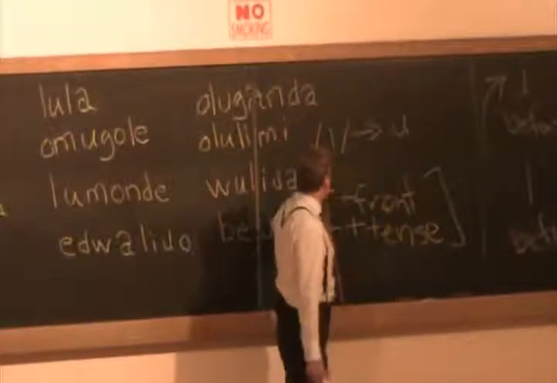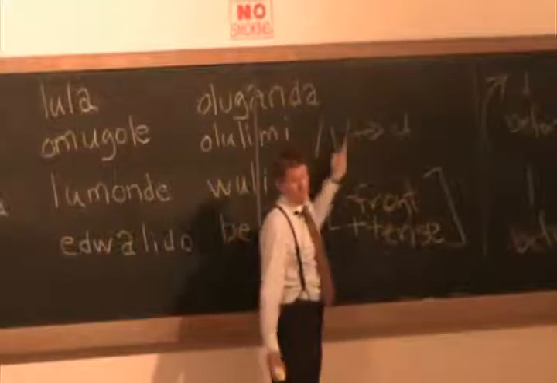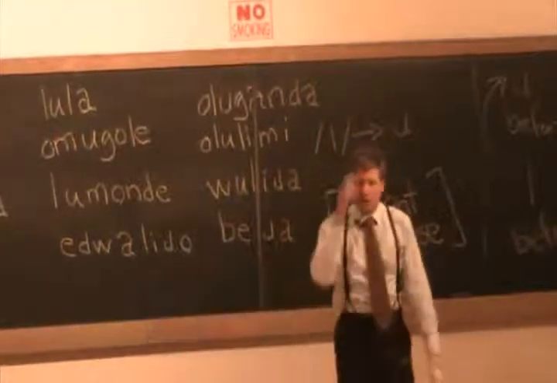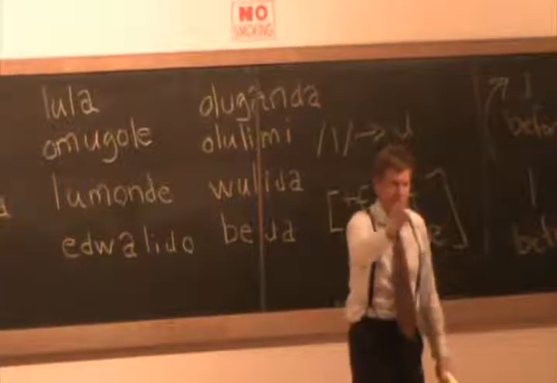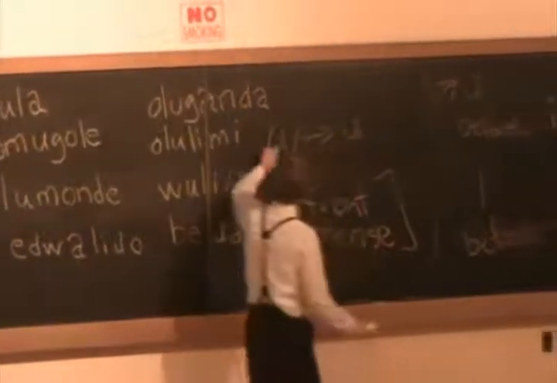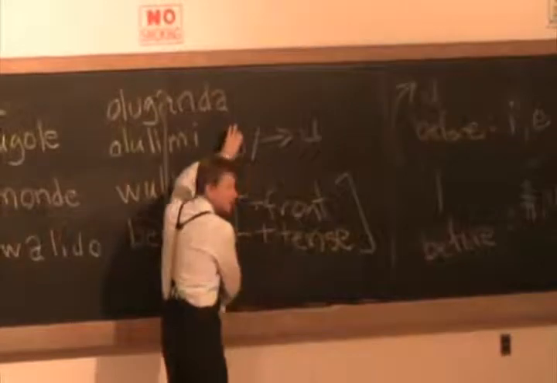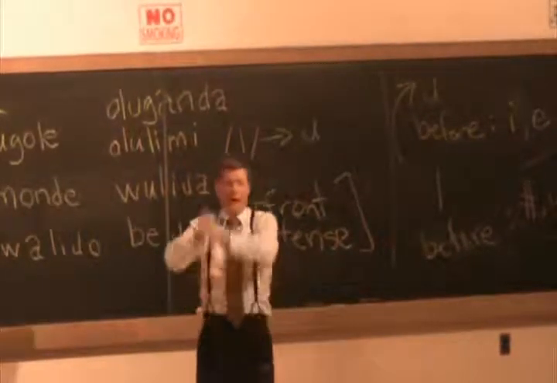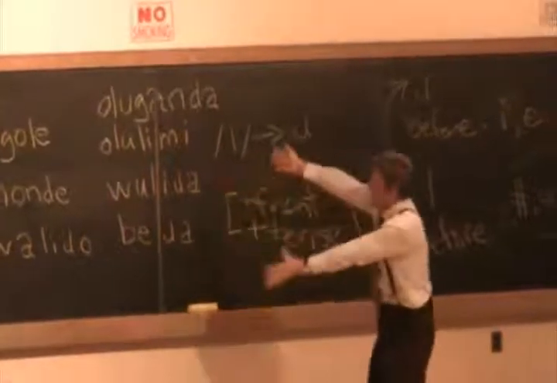Now what we need to do is write this part in features too. So here what we have to do is think about what we're doing at this point. What we're going to write here are those features that make la different from every other sound in Ganda.